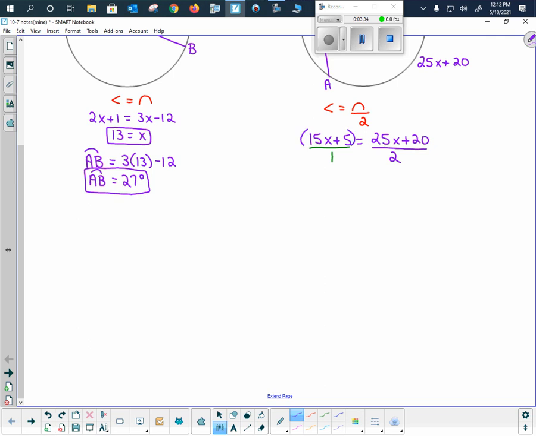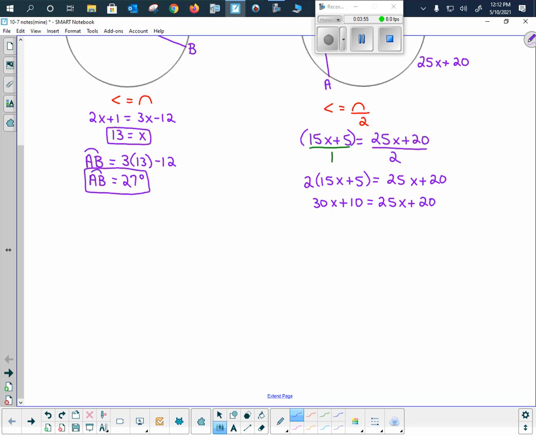So don't forget to distribute. If you're going to forget, take an extra step and say 2 times 15x plus 5 in parentheses equals 1 times 25x plus 20. But distribute that too, and you'll get 30x plus 10 equals 25x plus 20.